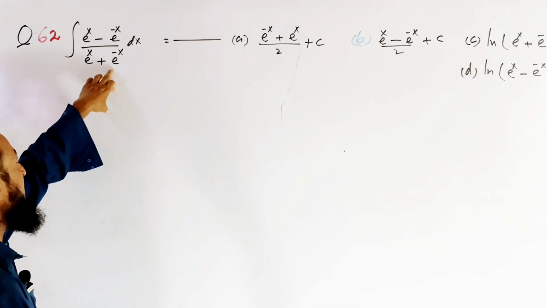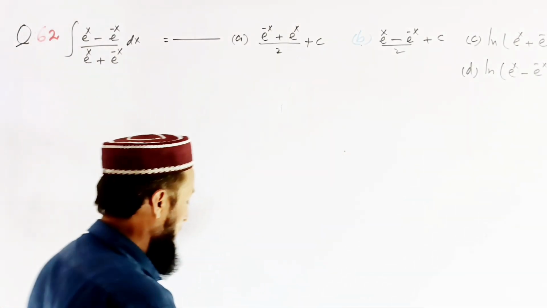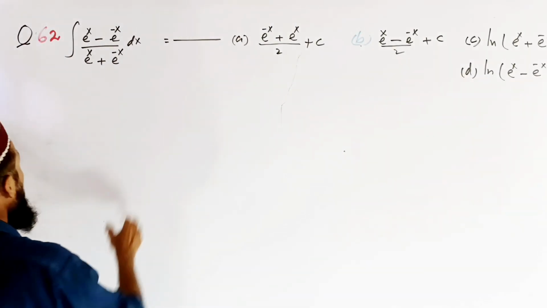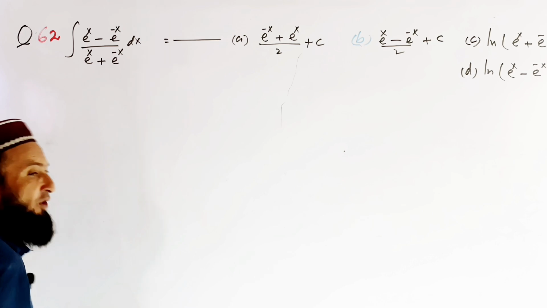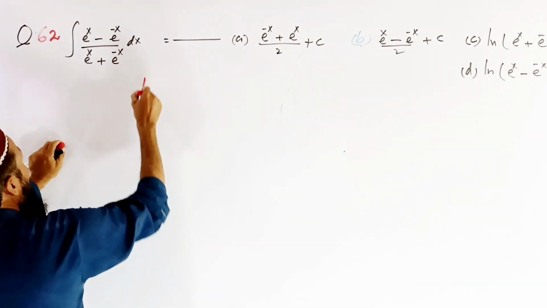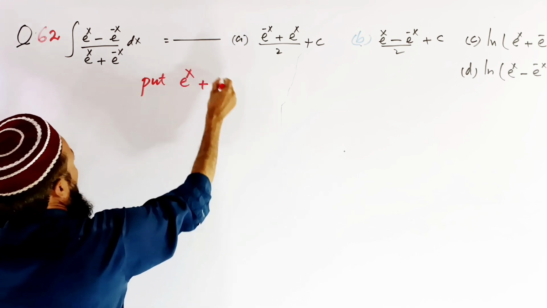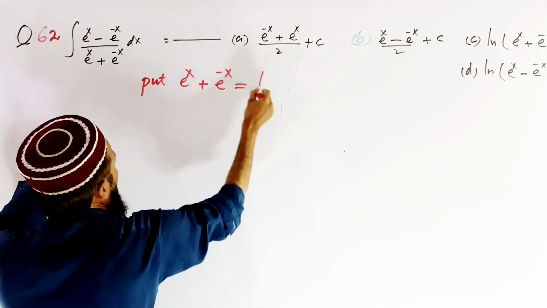Integration of 1 over e power x plus e power minus x dx. What is the result? According to the formula, first of all, we simplify this by the substitution method. Put e power x plus e power minus x is equal to t.